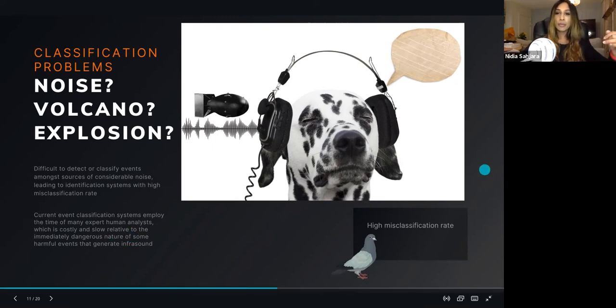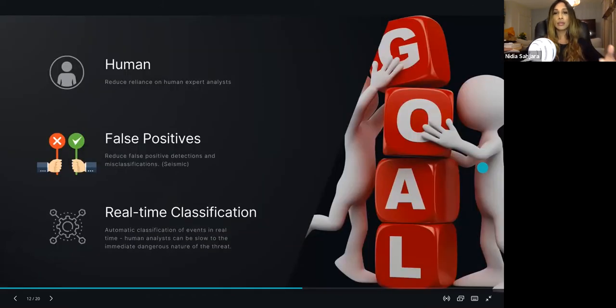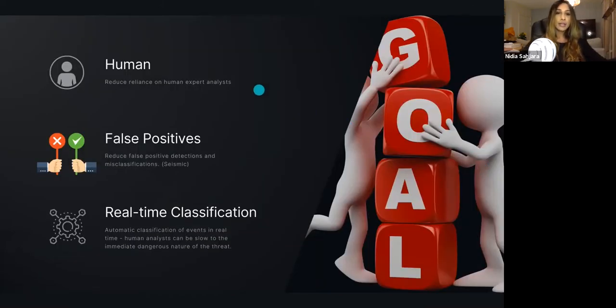So the ultimate goals here are, first, you want to be able to reduce your reliance on human expert analysts. And this goes back decades and decades ago, where we started off with pigeons, and then complicated communication systems developed because of war. Advanced technologies were pushed in times when we were challenged as a human race or as a country.